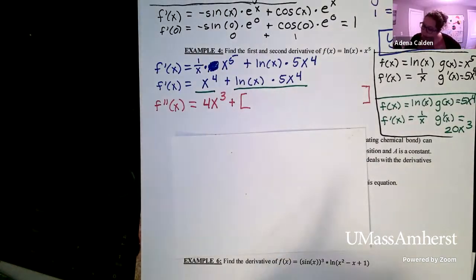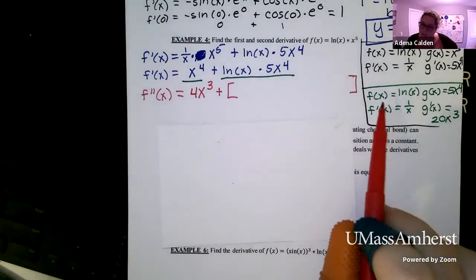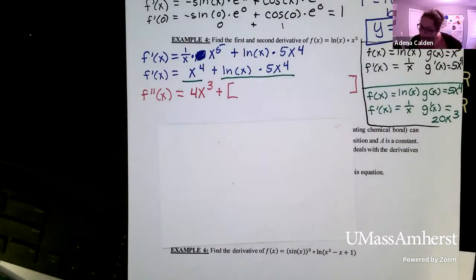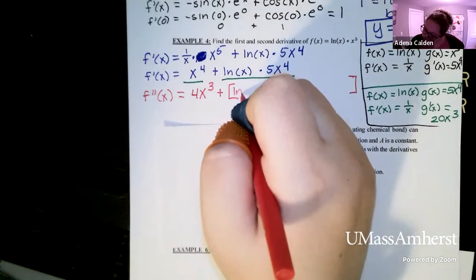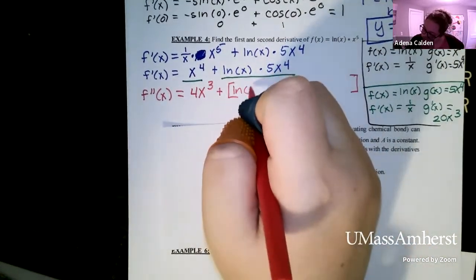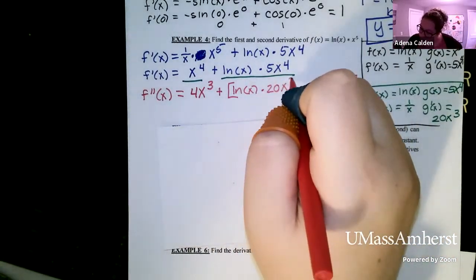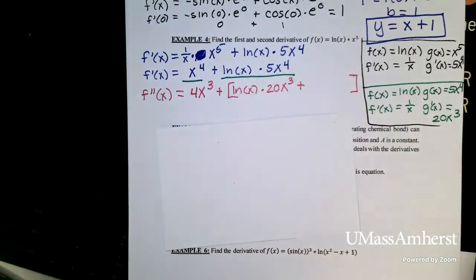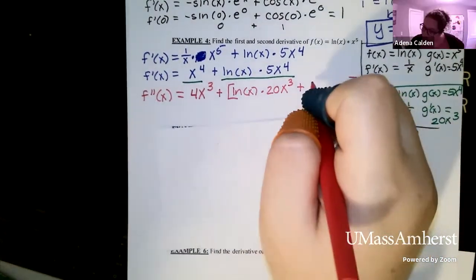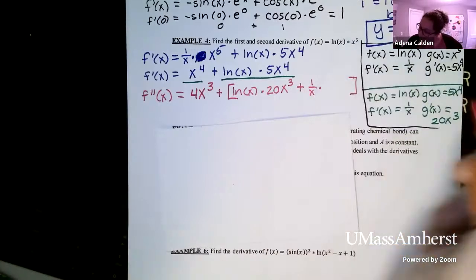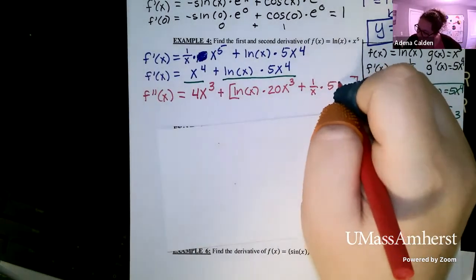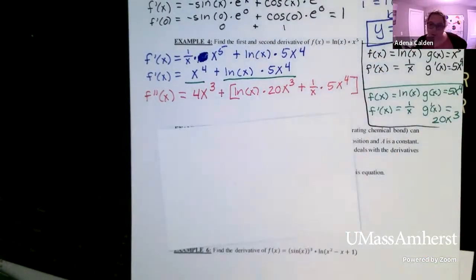Okay, so here, again, I'm going to do f of x times g prime of x. So I have ln x times 20x cubed plus f prime of x times g of x. So 1 over x times 5x to the fourth.